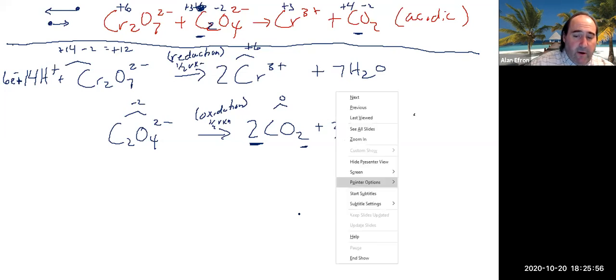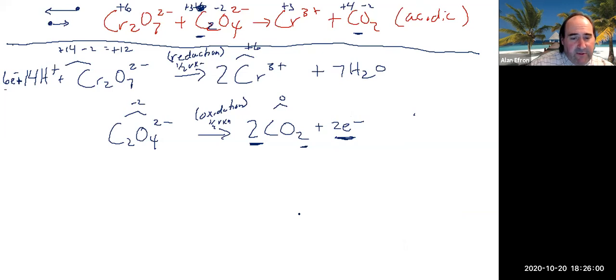So at this point, we are ready to add them together. We do need to get the same number of electrons. So the top one has 6, and the bottom one has 2. We need to multiply the bottom by 3 in this case. So we're going to multiply this entire thing by 3.